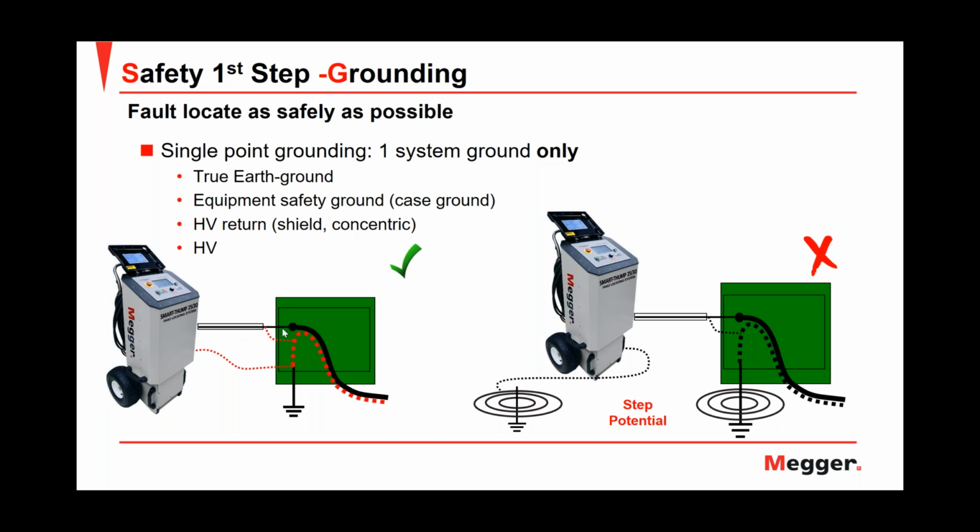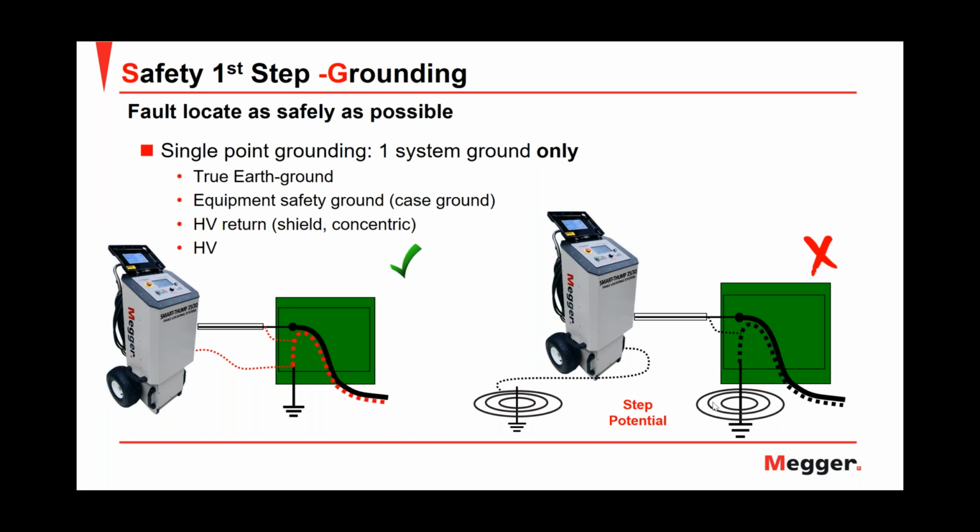Now, talking of one system ground only, if you see the picture on the left, you can see that the concentric potential is the same as the potential of my safety ground. So in this picture we have the same potential for the concentric of the cable under test and for the safety ground. And this is what I would like to have when I am doing fault location. If you see the picture on the right, we don't have the same situation.